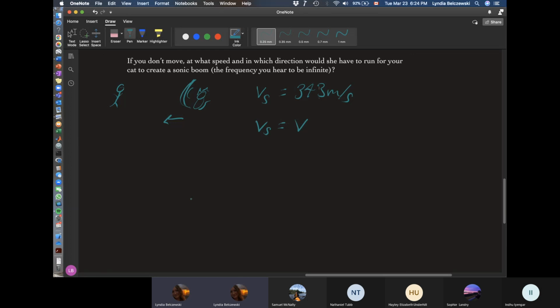By the time the cat gets to you, all of the sound that the cat has made in that time is hitting you all at once. So in that case, the frequency is infinite because there's no space between meows. You just hear the meows all at once. So we say the frequency is infinite, and it makes a sonic boom.